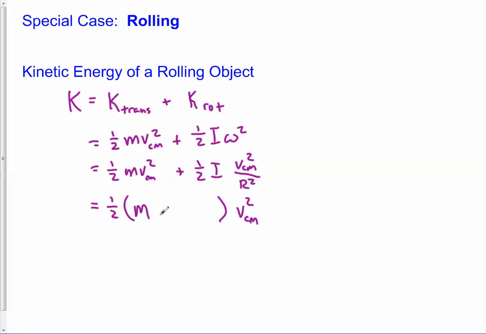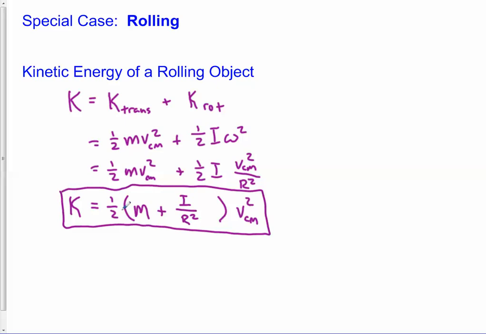That leaves the mass, but also this other term, I over r squared. And so this is the overall kinetic energy of a rolling object. It's like 1/2 m v squared, our regular kinetic energy formula, but you have to add to the mass an additional term that adds in the rotating part of the energy. Okay.